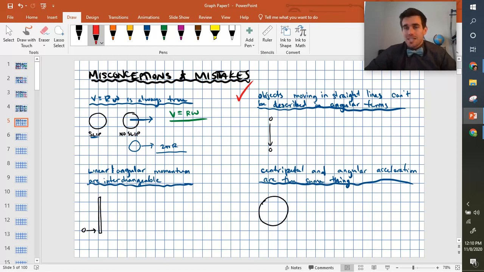But where that's a mistake is because we're not looking at the fact that we could be talking about a different point for our rotational or angular coordinate system. And if we did use some different points, we could see that there is an angular motion here. So an example of that is, let's imagine that I'm talking about relative to this point right here. Relative to that point, it is starting here and it's moving there.